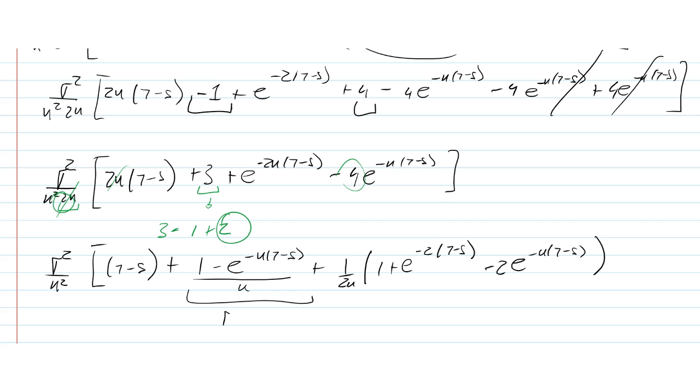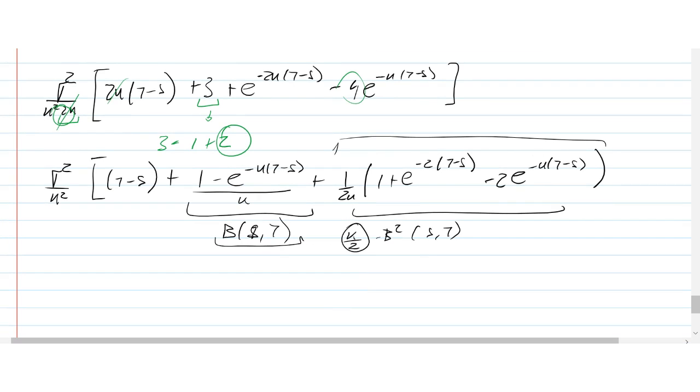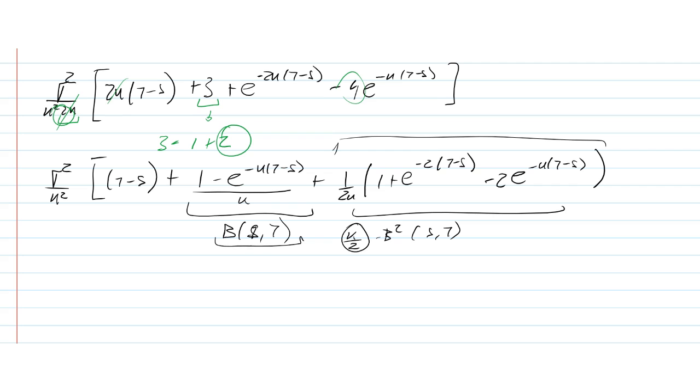This is B from s to t, and this is actually k over 2 B squared s to t. So if you square this, you'll see that you will have this, but you need to add this term to make it equivalent. So what you have is actually the variance of the integral of the rate.